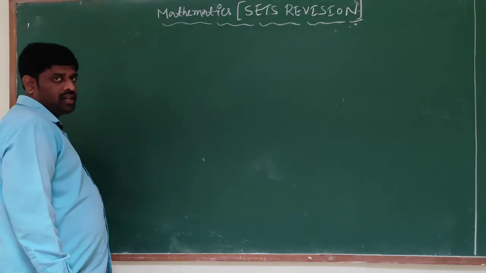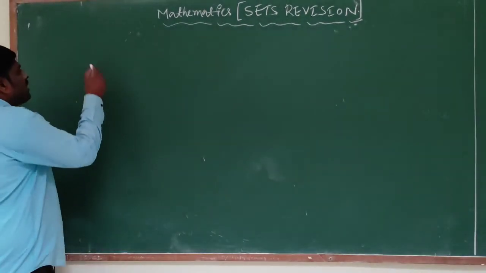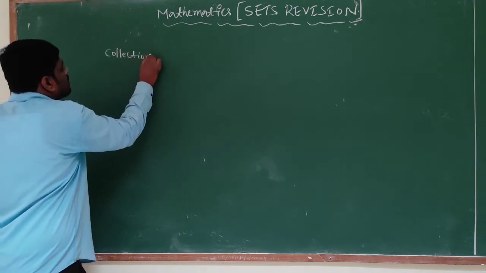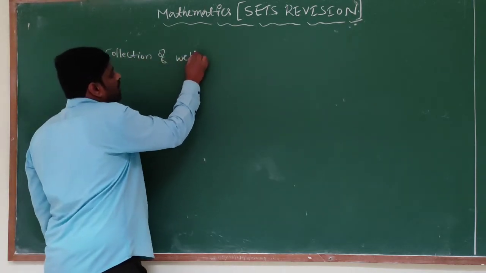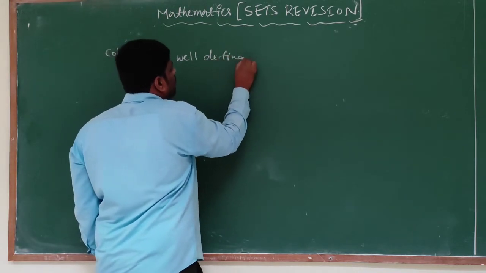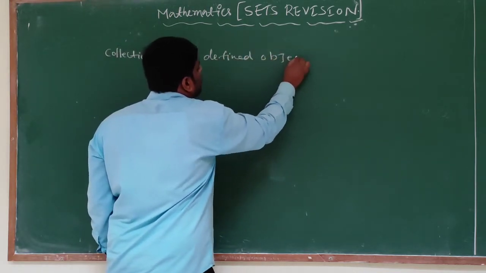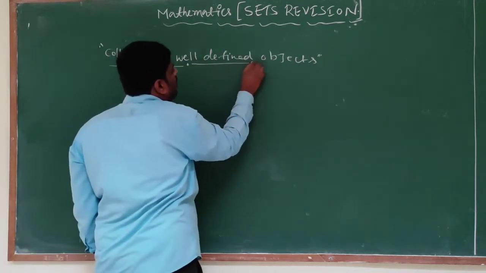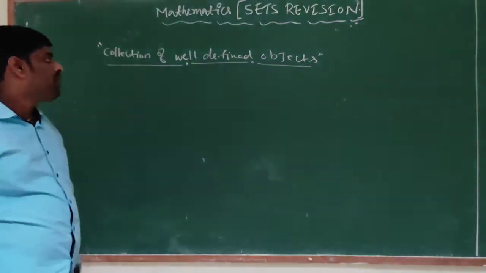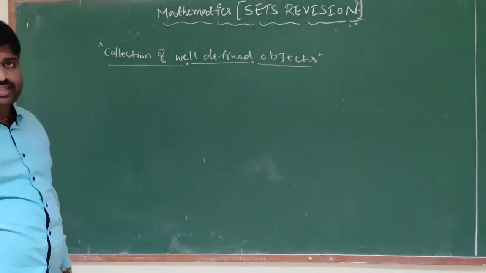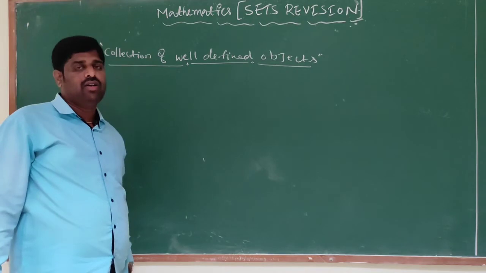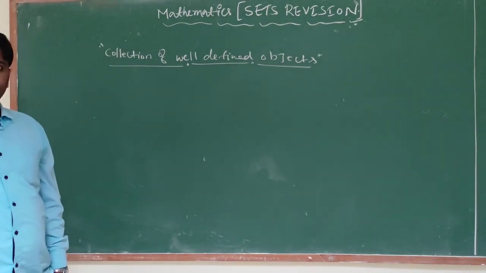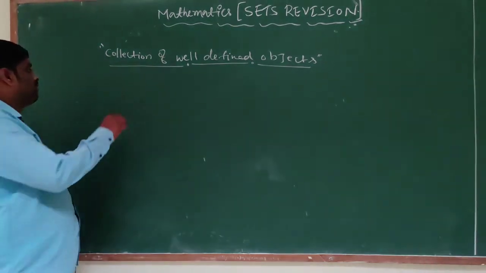Before going to that, what is meant by set? Set means a collection of well defined objects. Collection of well defined objects is called a set. There are two representations of sets.